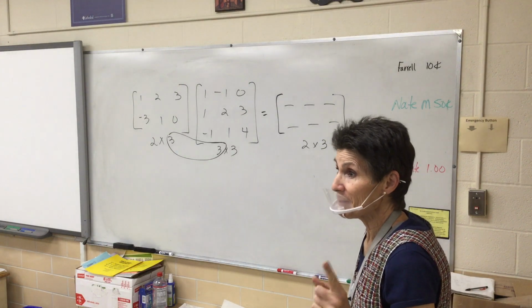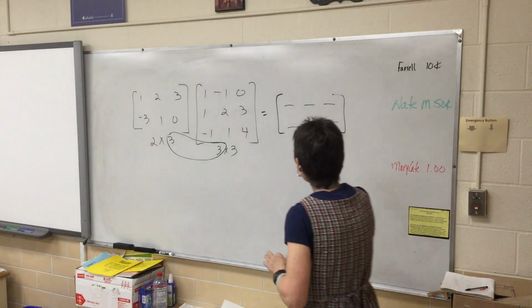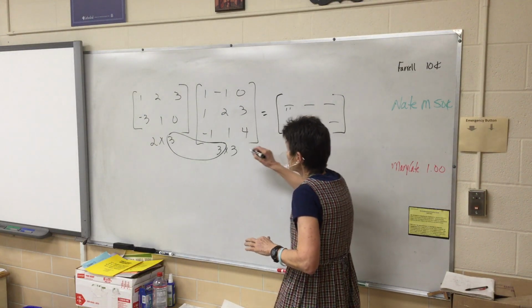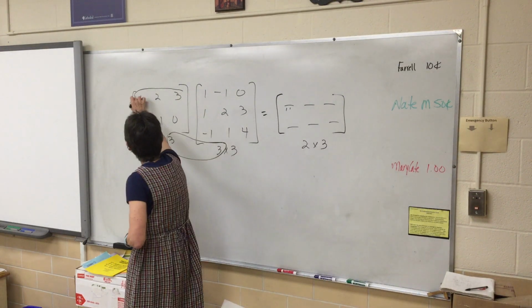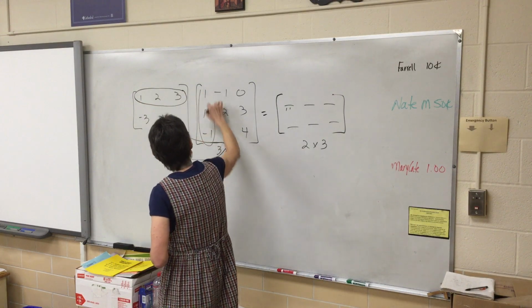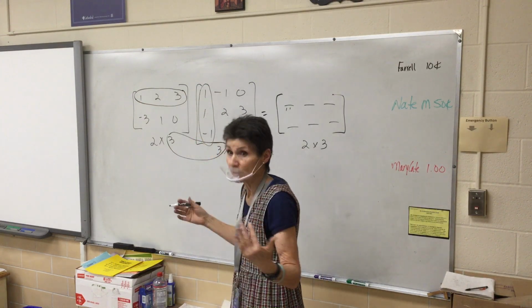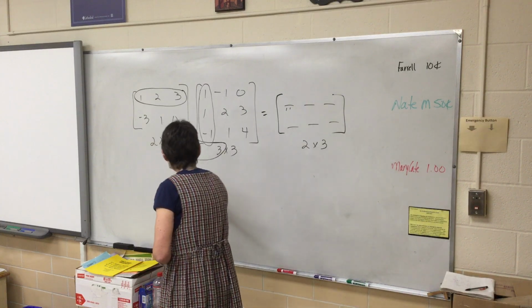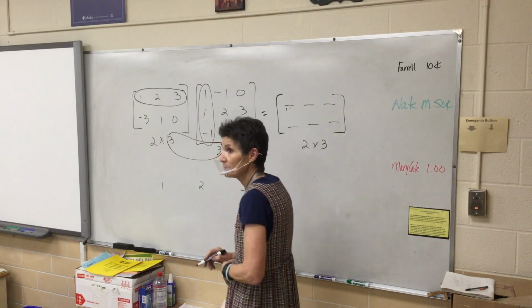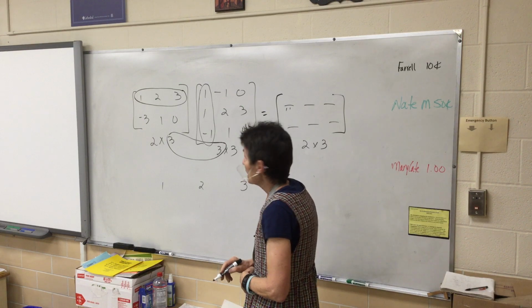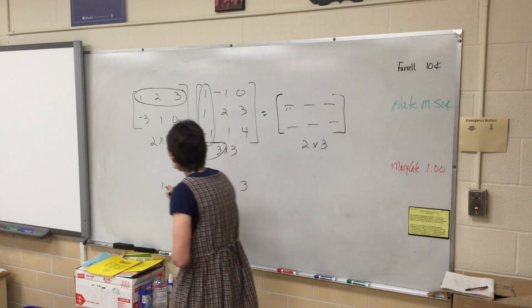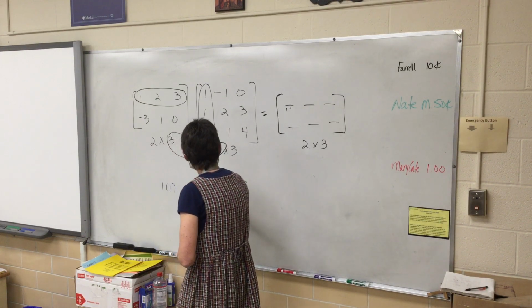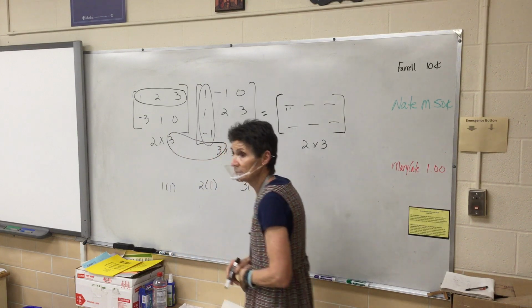Now, what's different about this one, you're going to do everything the same way. This is 1, 1 right here. So you're going to take your first row times your first column. You just have more numbers this time because your first row is 1, 2, 3. And then you attach your first column, which is 1, 1, negative 1.